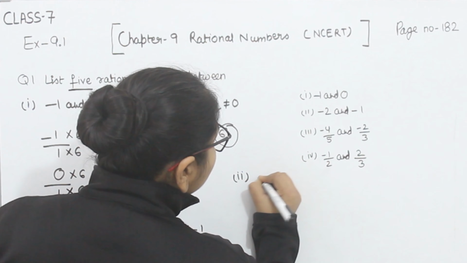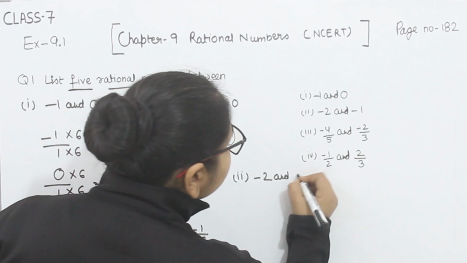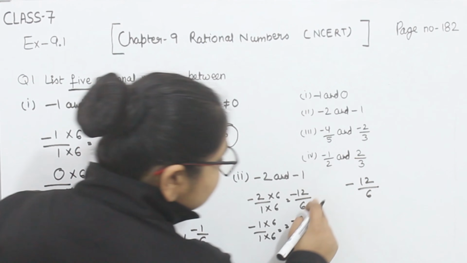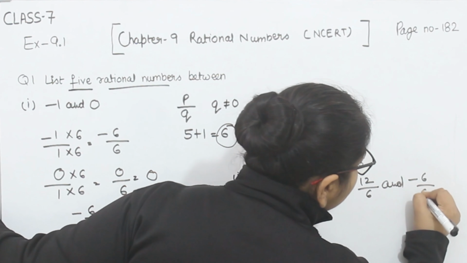In part 2, we have to find the numbers between -2 and -1. So I am going to multiply by 6, both in the numerator and the denominator. 6 2s are 12, so -12 by 6, and 6 1s are 6, so -6 by 6.